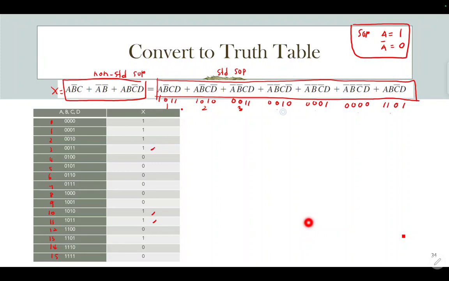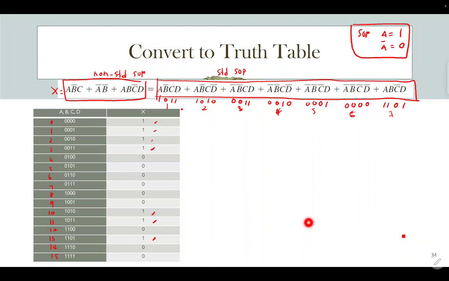Number 4, 0010 is here. Number 5, 0001 is here. Number 6, 0000. Number 7, 1101. So you have 1, 2, 3, 4, 5, 6, 7 number 1 in the truth table.